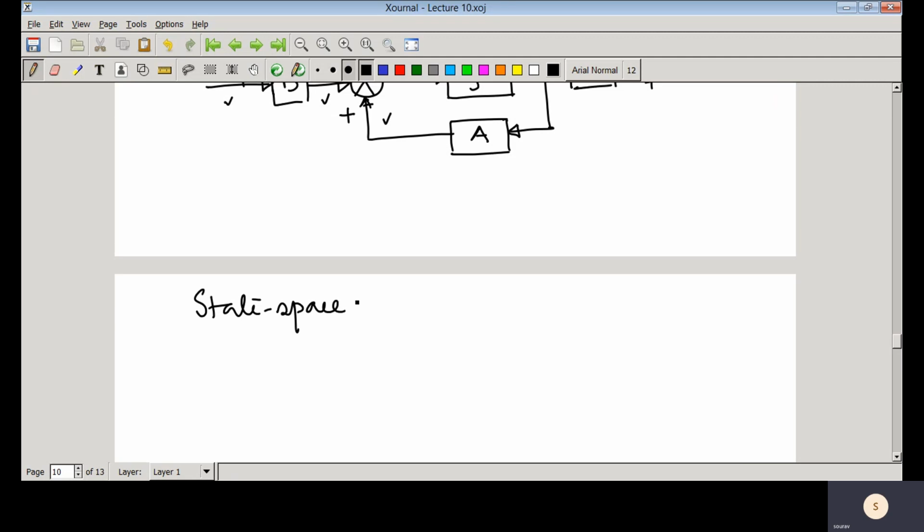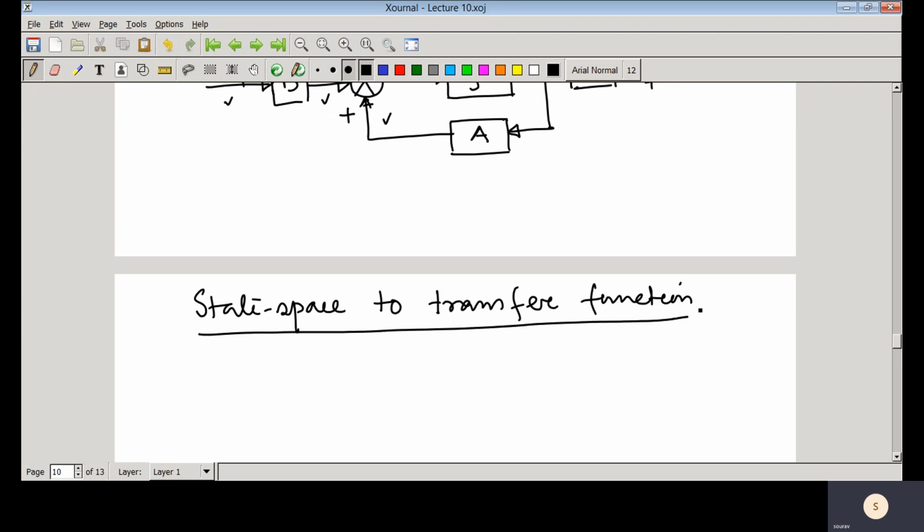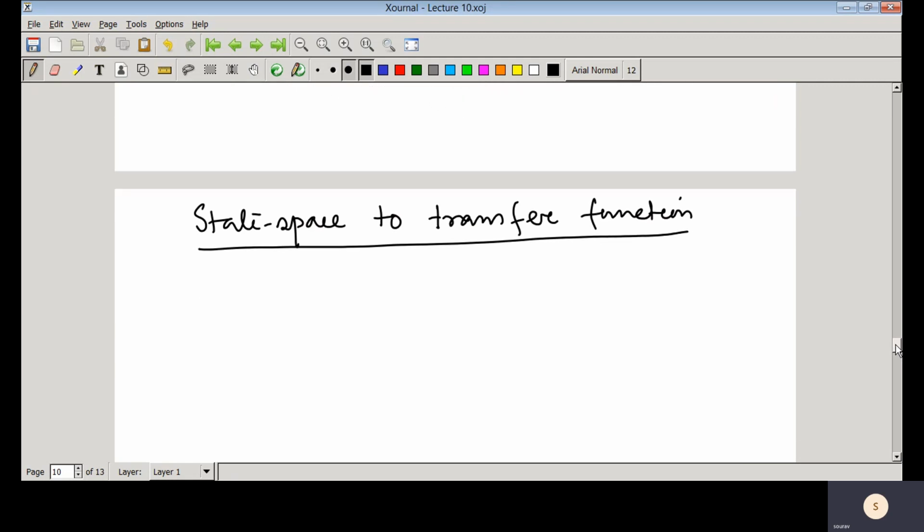So now we are just going to discuss that whenever a system is described in state space, can you find the transfer function directly? The answer is yes. So that means a system is described in state space form. We are just trying to find what is its transfer function. Transfer function means it is only valid for a linear time invariant system.